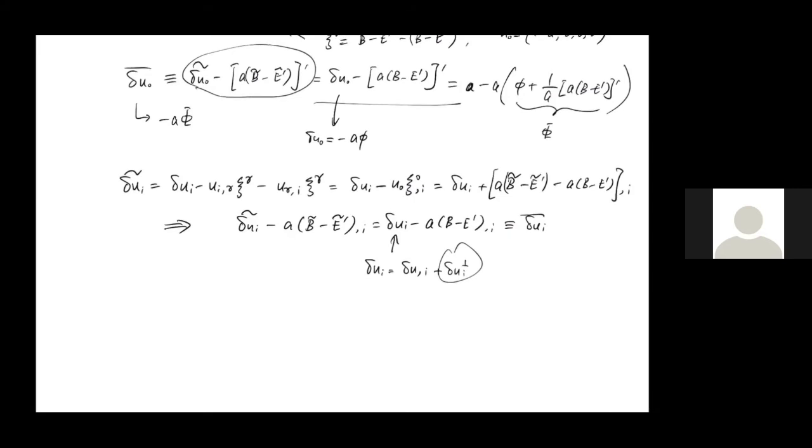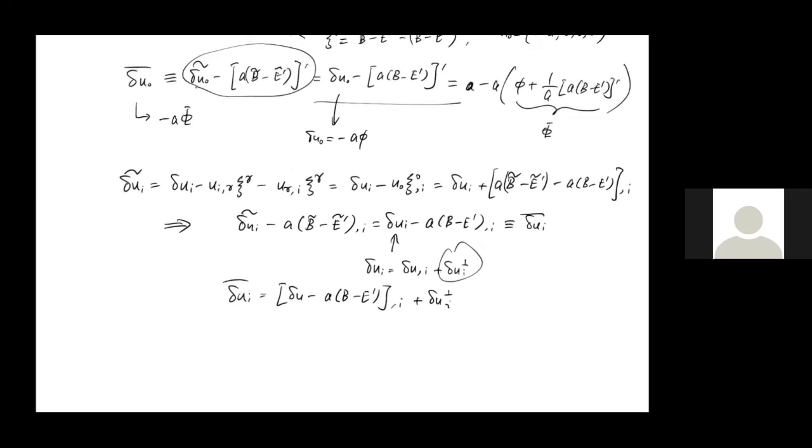And now we have delta U i, delta U A B. So the scalar part is just this.